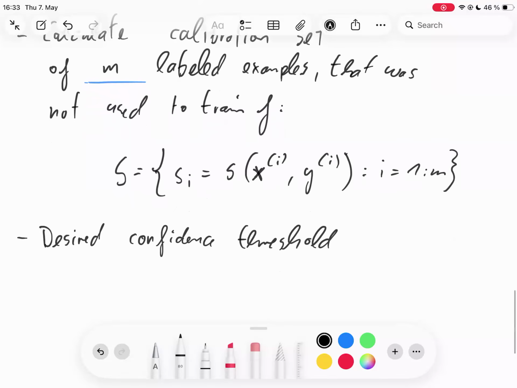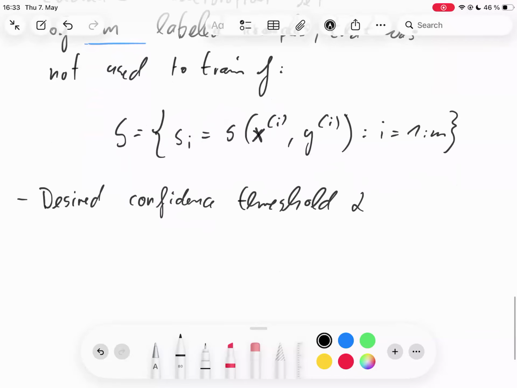And this confidence threshold is called alpha. For example, alpha depends on your use case, but say it could be, for example, 0.1.